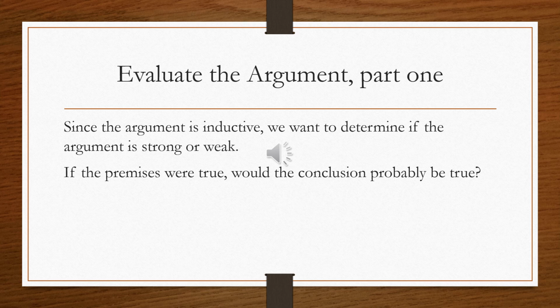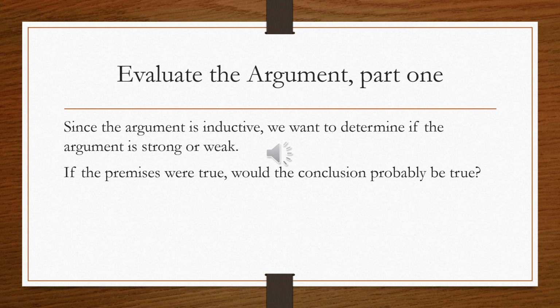We don't even worry about the premises in the sense of worrying about if they're actually true. We just assume the premises are true. What would happen if we made that assumption? If these premises were true, would the conclusion probably be true? And I would have to say, in my estimation, that I think that is the case. I think this is a strong argument.